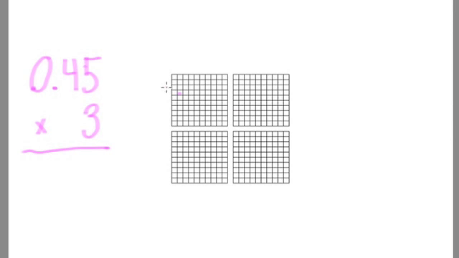So 45 hundredths times 3. So I just have to draw 45 hundredths times 3. What I'm going to do is just fast forward to my finished product.